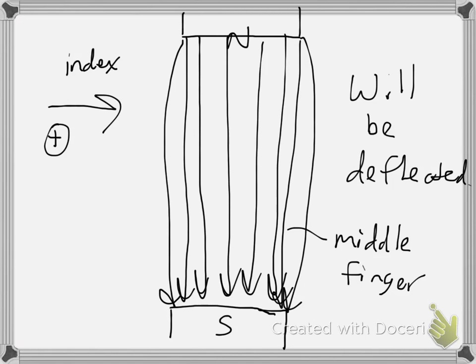And if we do this, so our index finger points to the right, our middle finger points down, and our thumb points away from us. So this particle, once it enters the field, will get deflected into the screen. All right, it'll experience a deflection into the screen. And if it were a negatively charged particle, it would experience the opposite.